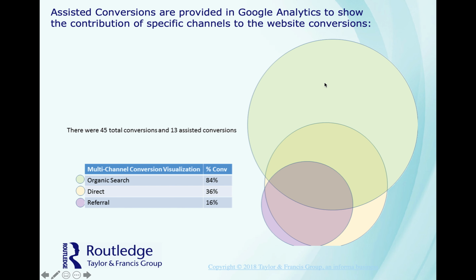This is all search engine optimization, all your organic things that we talked about in the previous chapters 2 and 4. Direct meant that the user actually typed in your URL or website into their browser. So that was direct, which attributed 36, and then referral was 16. So the user was referred by another website.